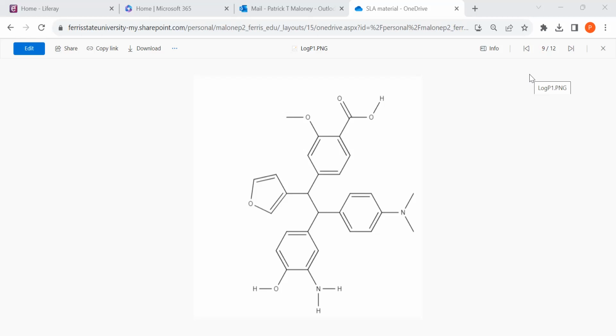Okay, if nobody needs any more time, I'm going to get started on this. So annotate. Let's pick red because red stands out pretty well.